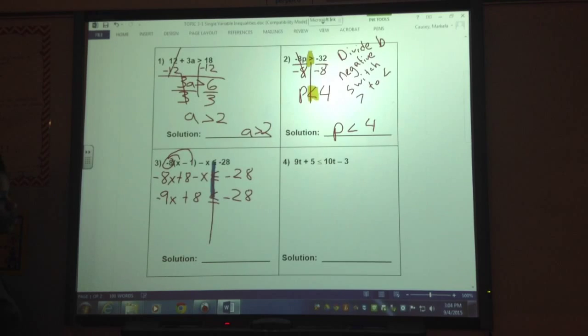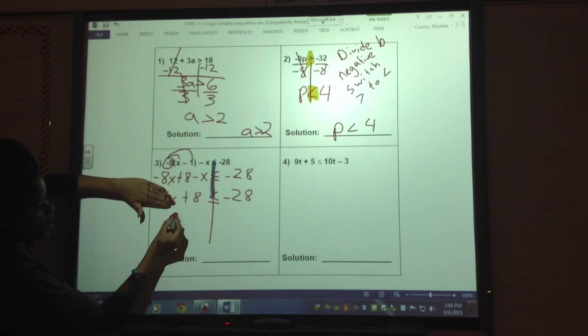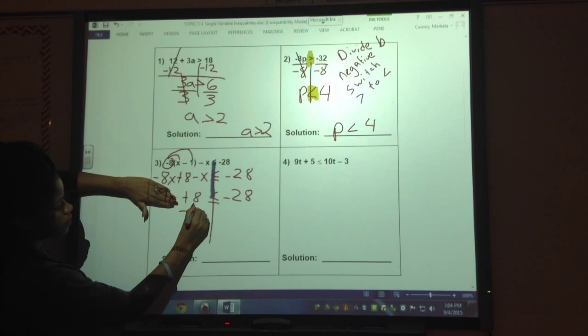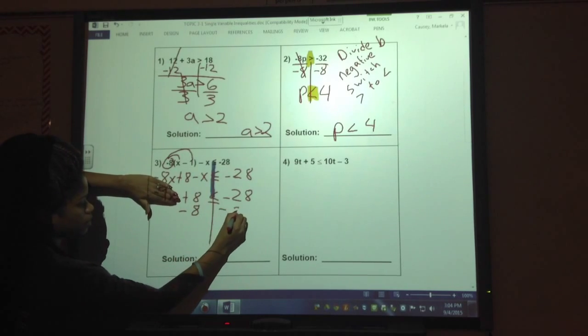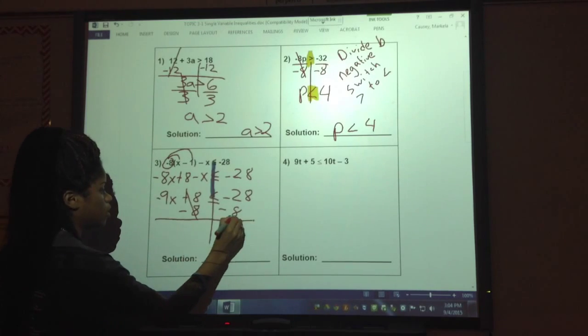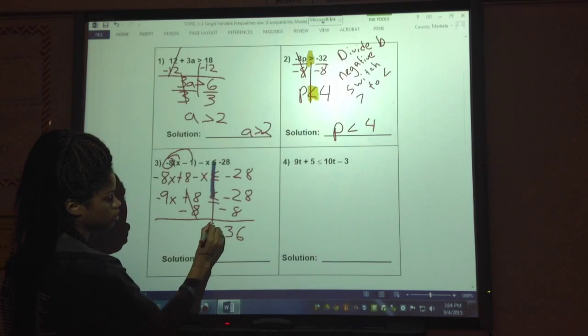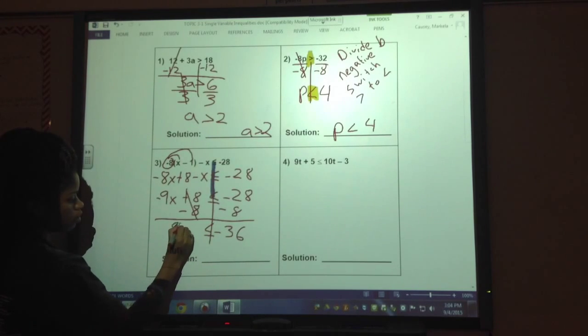Next, you're going to move what's not next to the variable. So my trick is to cover up the variable along with what's next to it. I'm going to do the opposite, minus 8, minus 8. Negative 28 minus 8 is negative 36. Copy everything else.